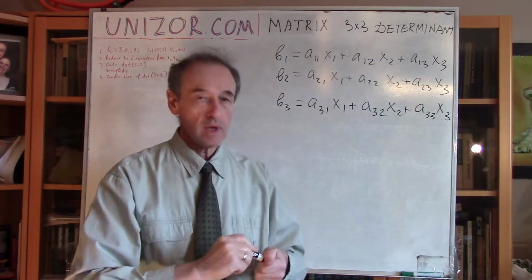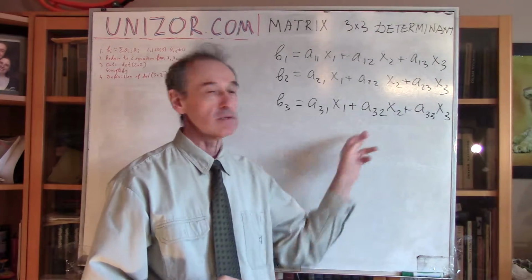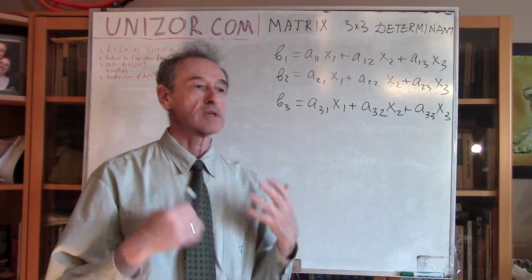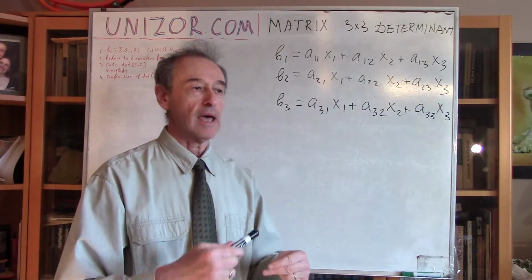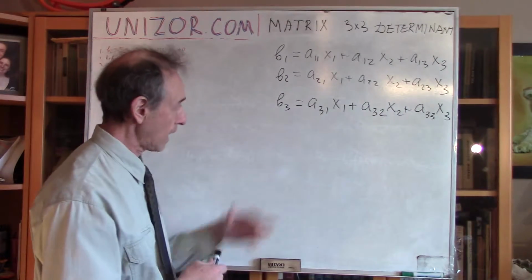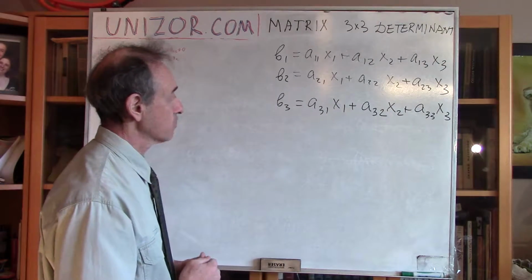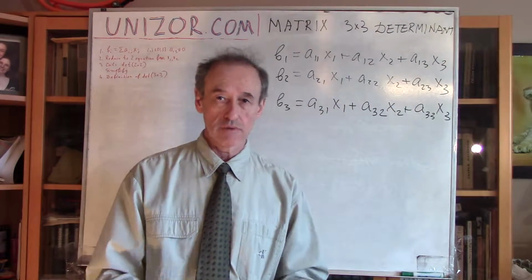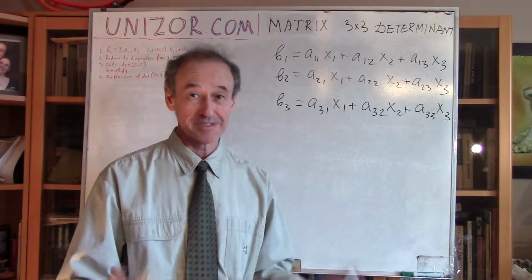Either way, we are talking about the matrix from these coefficients, A with indices, and the question is whether it is good or bad, and how to determine that, and is there anything like the determinant for the two-dimensional case which would help us determine this particular quality of the matrix? Well, first of all, the answer is yes, there is such a characteristic, and it's called exactly the same way. It's the determinant.